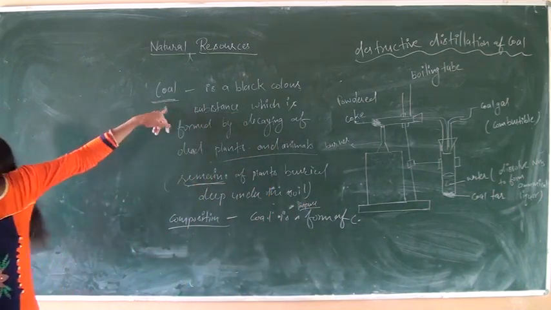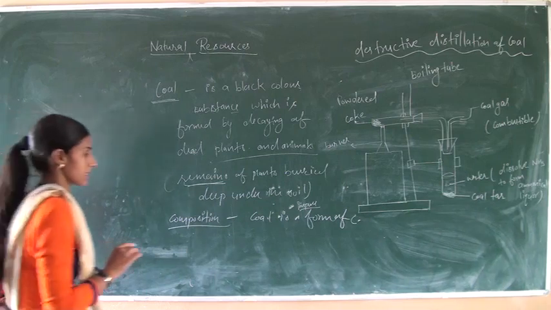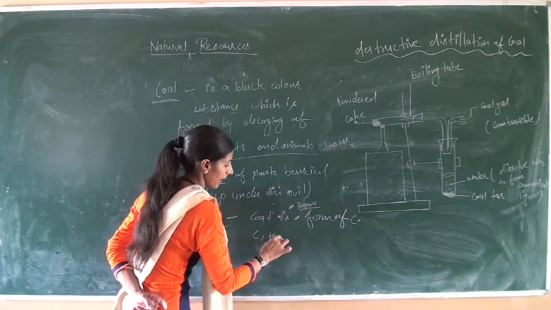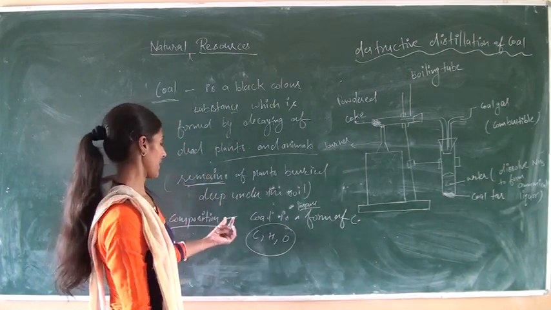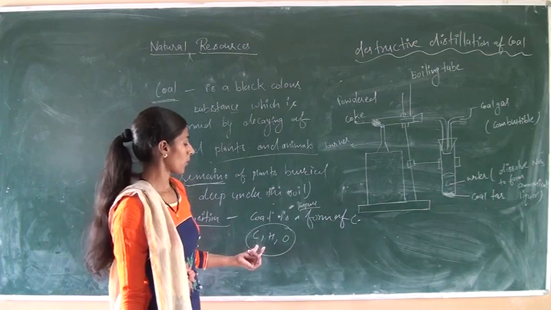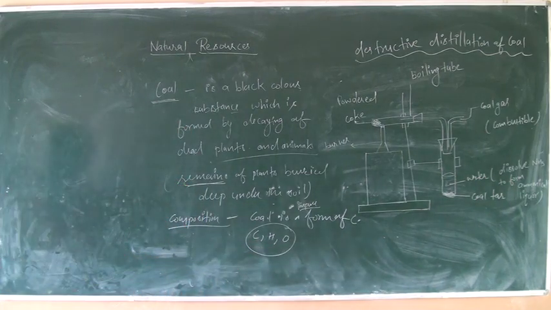It mainly consists of carbon, hydrogen and oxygen as its constituents. Means coal is made up of carbon, hydrogen and oxygen elements.